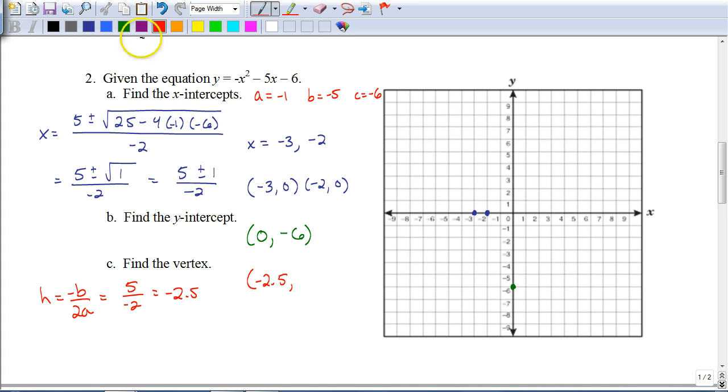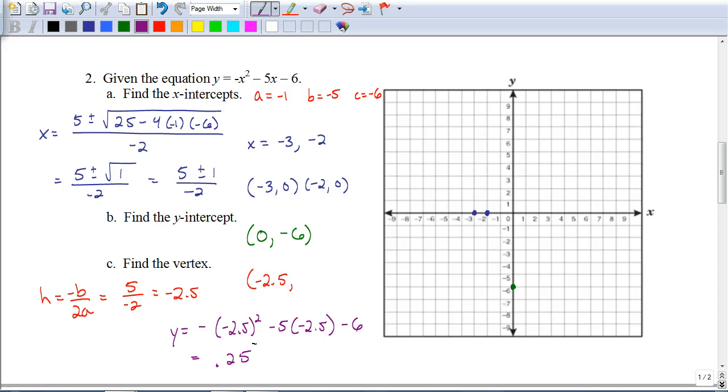And then when I put -2.5 in my equation, to find y it's going to be the opposite of -2.5 squared, minus 5 times -2.5, minus 6. When you get that, you should get positive 0.25. Make sure you type it in your calculator correctly and set it up correctly.